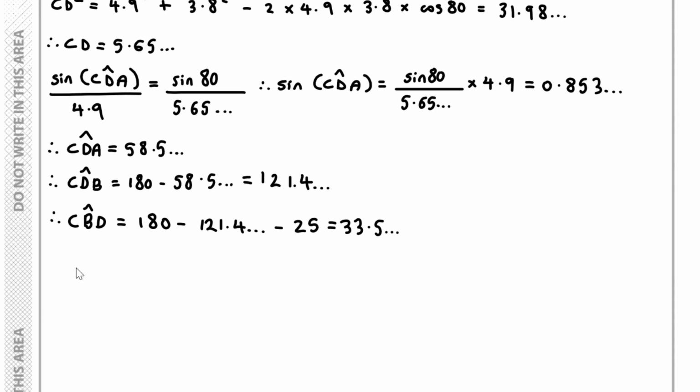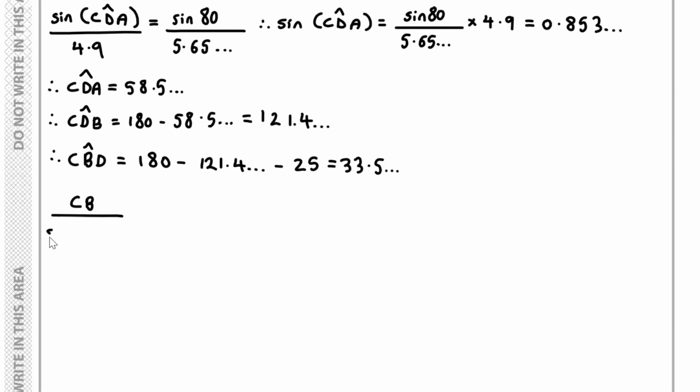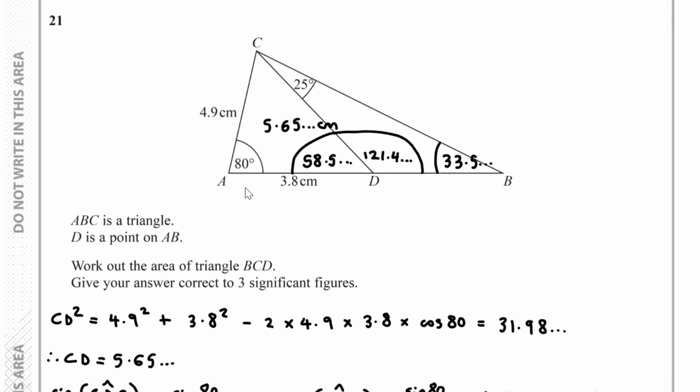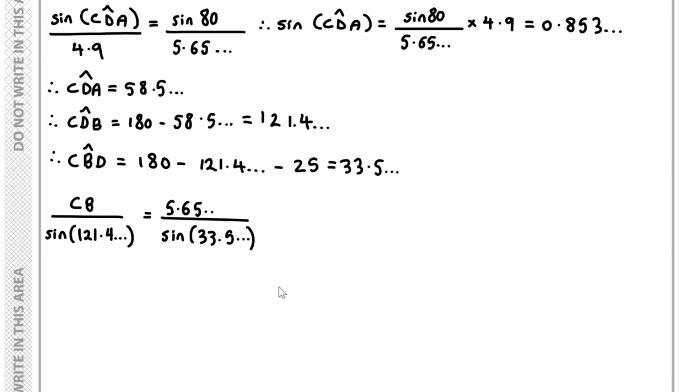So we've got CB over the angle opposite it, which is 121.4, etc. So here we've got CB over the sine of 121.4, etc. This is equal to 5.65, etc. over the sine of 33.5, etc. So we need to find out what CB is.